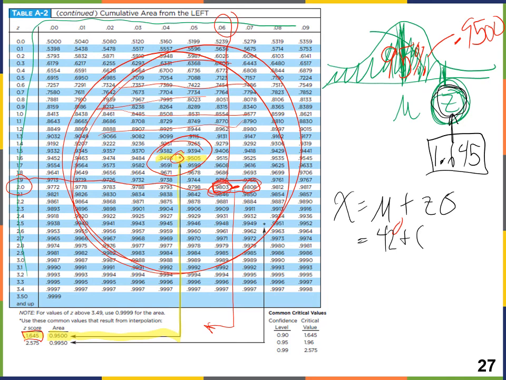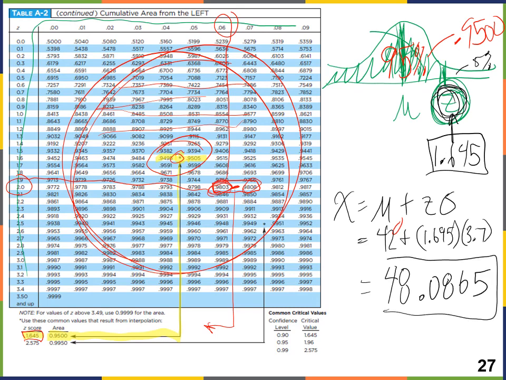We just found the z-score that we were looking for as 1.645, and the standard deviation was 3.7. So if we put that in, that'll tell us what that number of fries is that'll separate the top 5% from the bottom 95%. So I came up with an answer of 48.0865. So, if anything over 48.0865 fries in your container, you would be in the top 5% of the number of fries in your container.